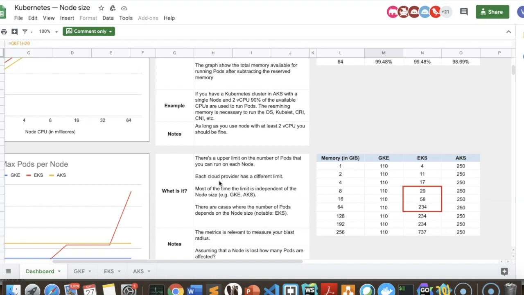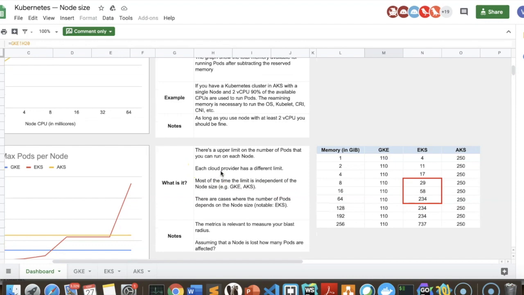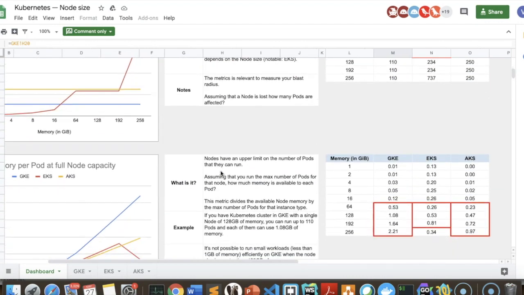But EKS is kind of dynamic. As the memory increases, the number of pods also increases, and AKS is kind of static, just 250 pods. I'm not sure if you can fit 110 or 250 pods in a 1 gig memory node. So I don't know what is happening there.